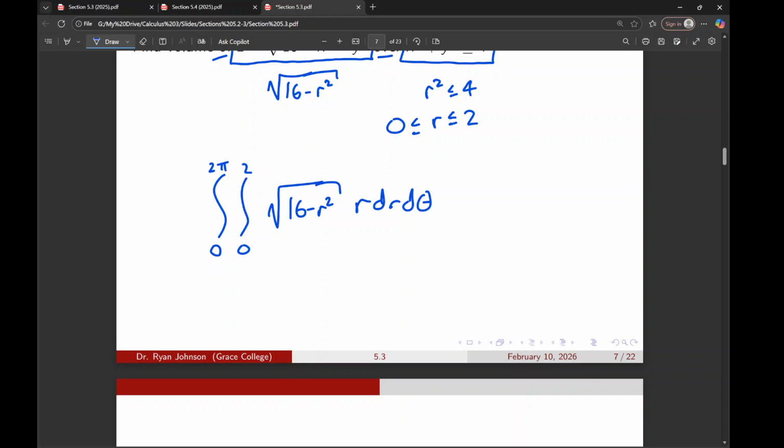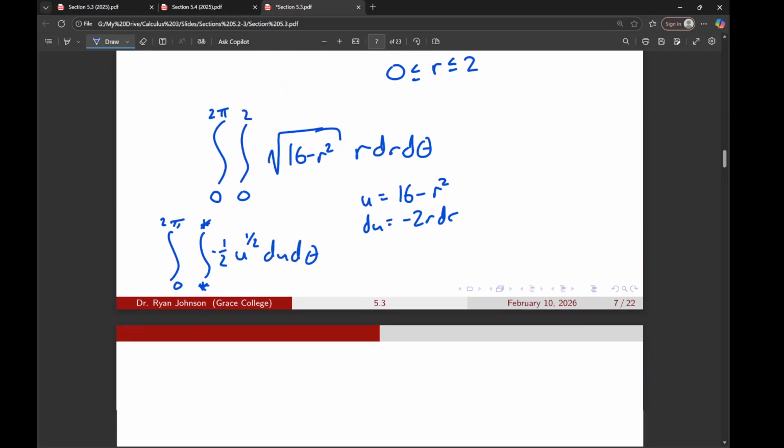Because we have that r, we can do substitution. u equals 16 minus r squared, which means du equals negative 2r dr. So theta is still 0 to 2 pi, and u I might just keep as stuff to stuff. It becomes negative 1/2 u to the 1/2 power du d theta.